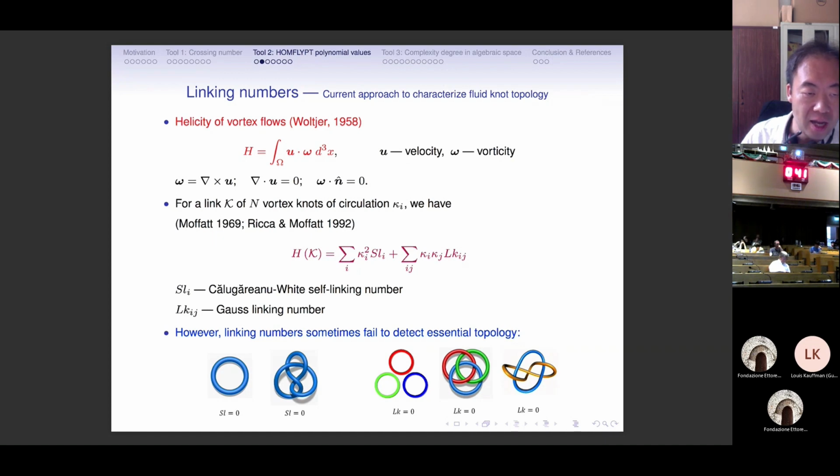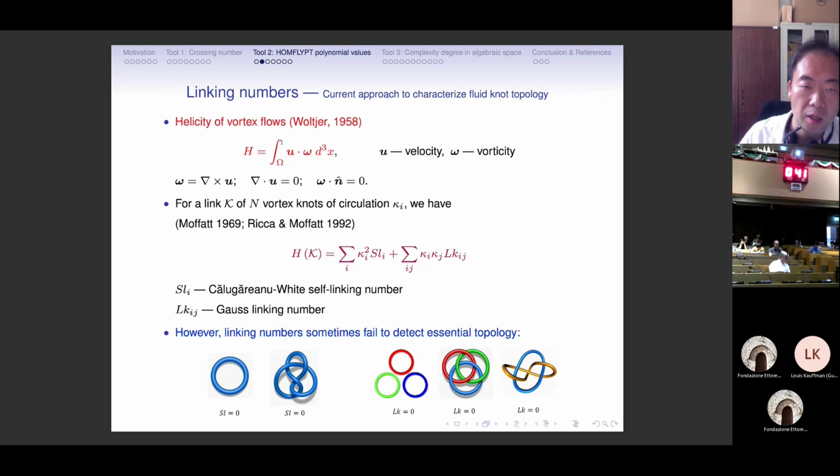In 1969, Moffatt, and in 1992, Renzo Ricca and Moffatt gave us the following formula. The left-hand side is helicity, which is a triple integral, but the right-hand side is simple algebraic numbers, the self-linking number and the linking numbers.